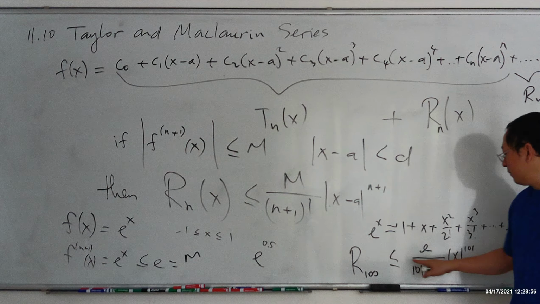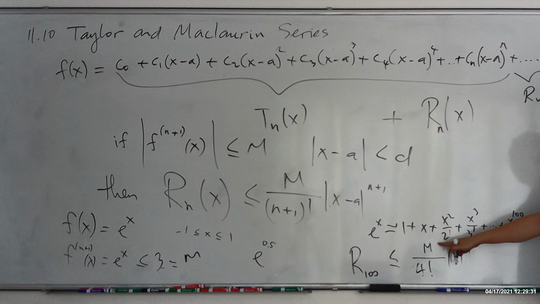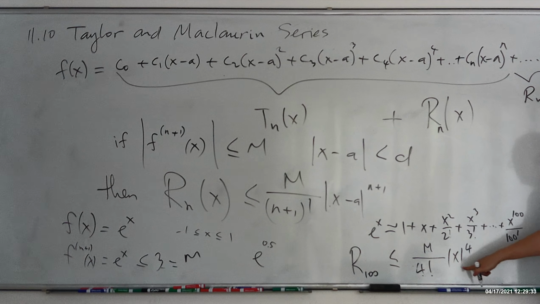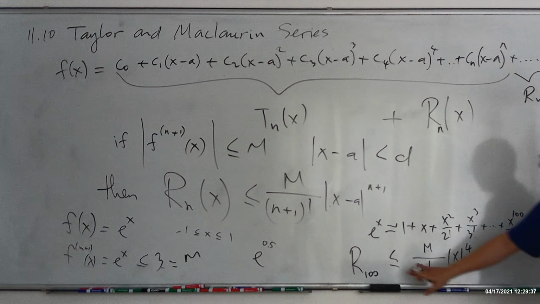I don't know, so use 3. Okay, 3. And for sure that remainder will be less than M, which is whatever number you have over there, over 4 factorial, and then this is the 4. So you approximate e to the 0.5 as 1 plus 0.5, 0.5 squared over 2, 0.5 cubed over 3 factorial, and 0.5 to the 4. This is M, whatever upper bound you plug in, you have the error.